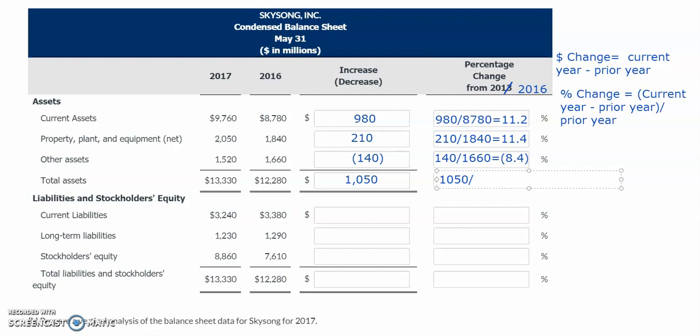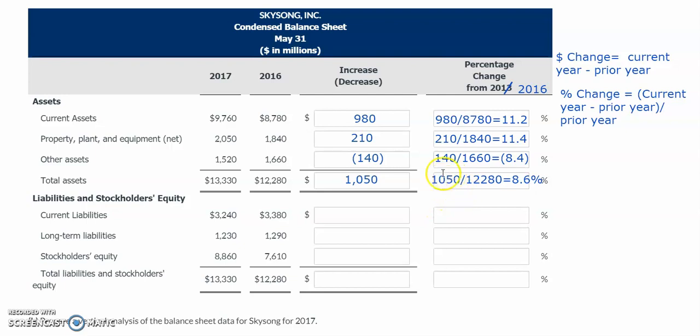So when we view our total assets as increasing, we'll want to know, well, why did they increase? What happened in the business that led to these great increases in our assets? So this is where we want to look at also our liabilities and stockholders' equity.